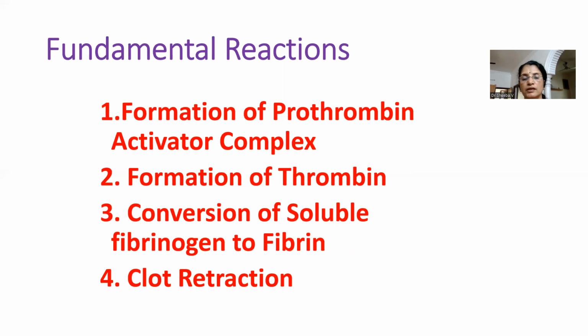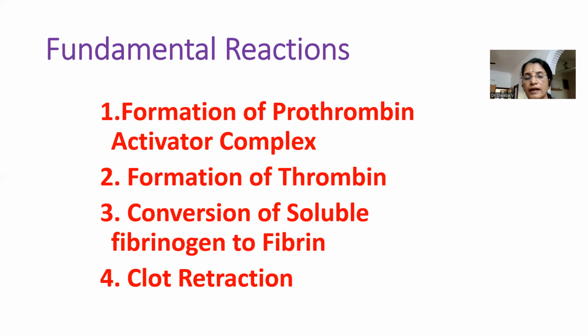Once the prothrombin activator complex is formed, it converts the prothrombin to thrombin. Then the conversion of fibrinogen to fibrin monomer by the action of the thrombin. Finally, the clot retraction. After the clot formation, clot retraction occurs.